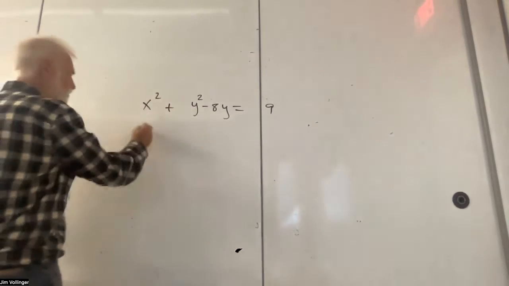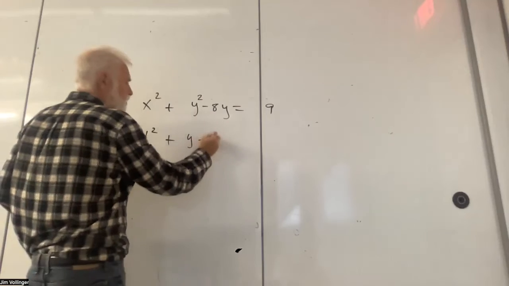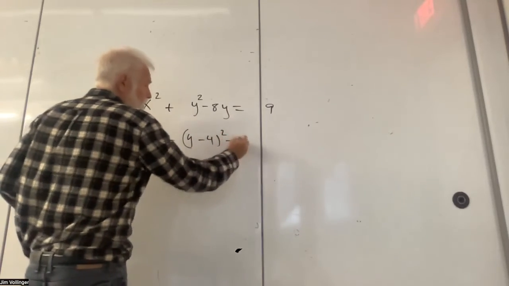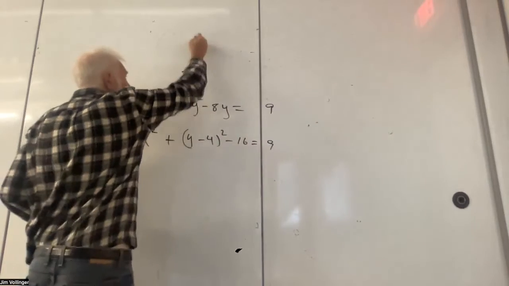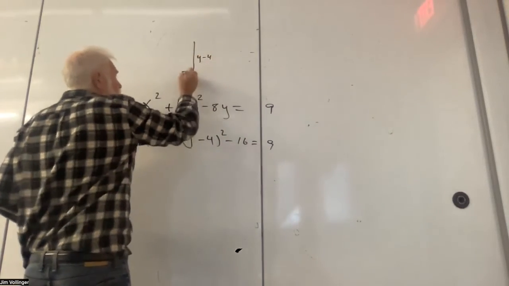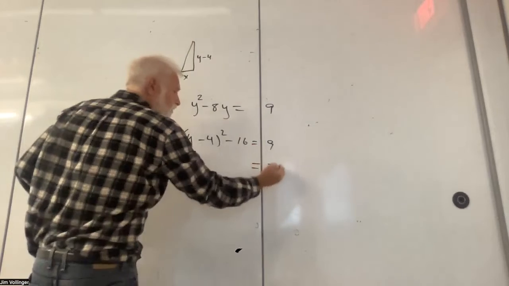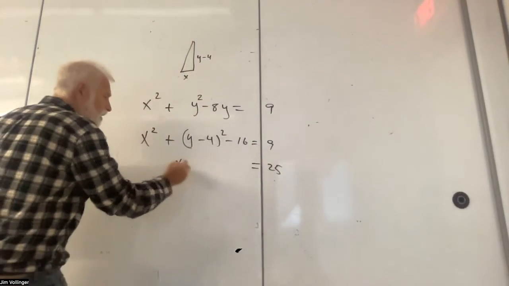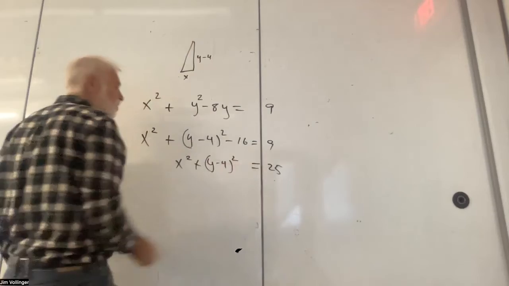That is a square. Leave it alone. This one is y minus 4 squared minus 16 equals 9. So what do I have? I have x. I have y minus 4. When I bring that over, it's 25, right? I've got x squared plus y minus 4 squared equals 25.